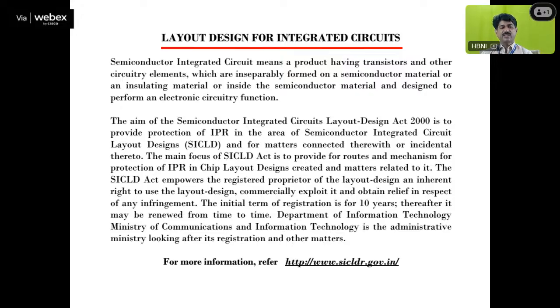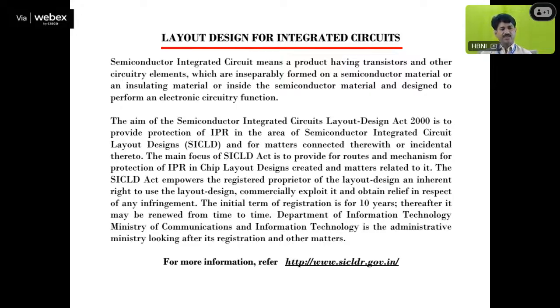So these are the integrated circuits, and there is a protection of the layout design for these particular circuits. The aim of the Semiconductor Integrated Circuits Layout Design Act 2000, the act which is in place in India, is the protection of IPR in the area of semiconductor integrated circuit layout designs, that is the SICLD.